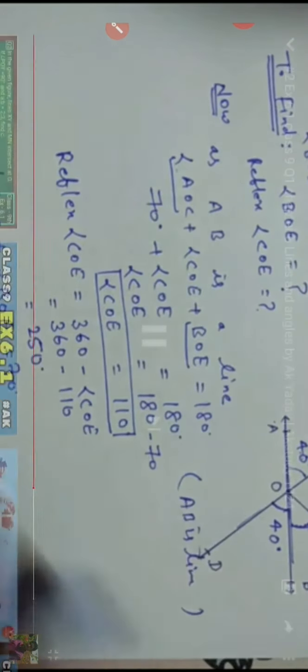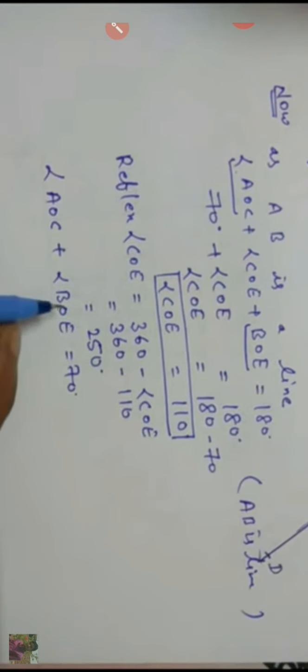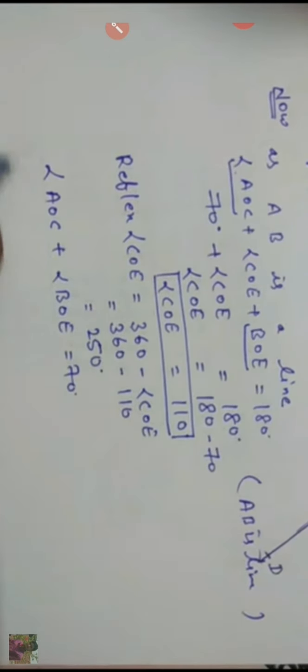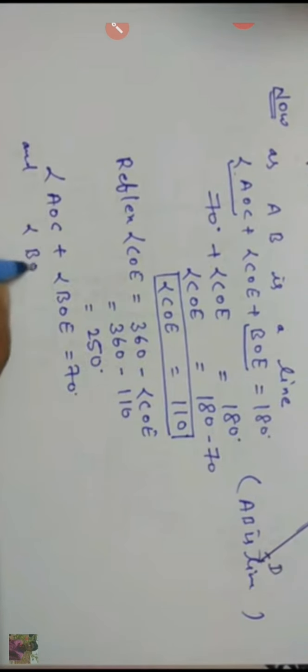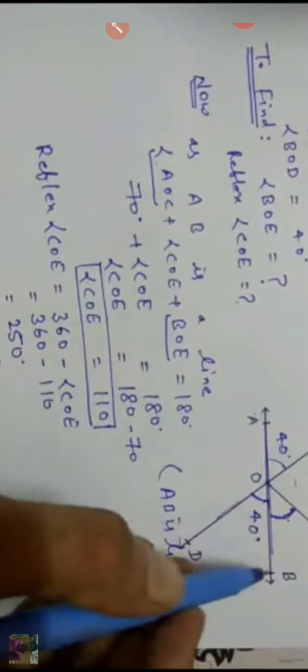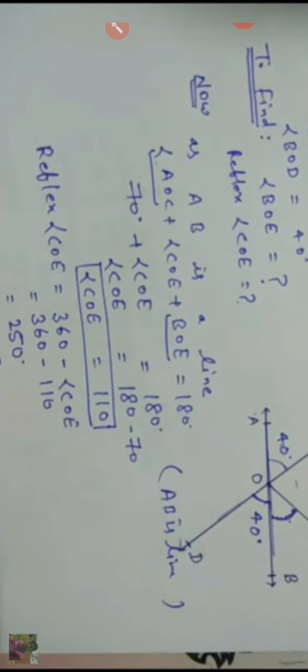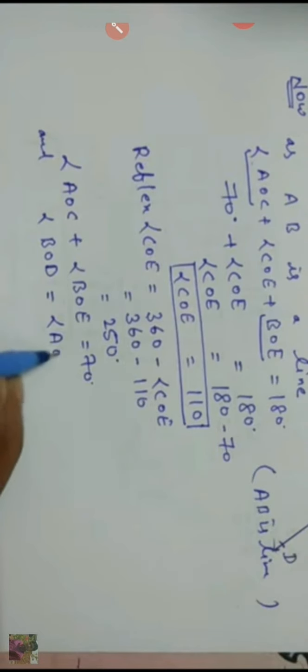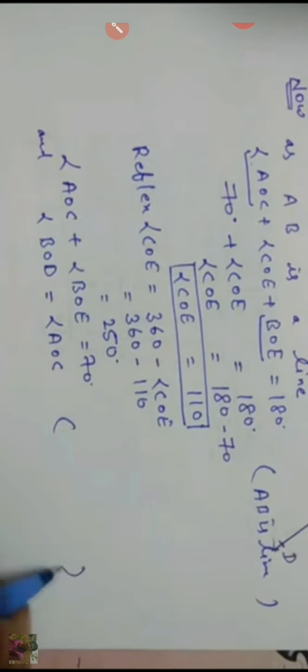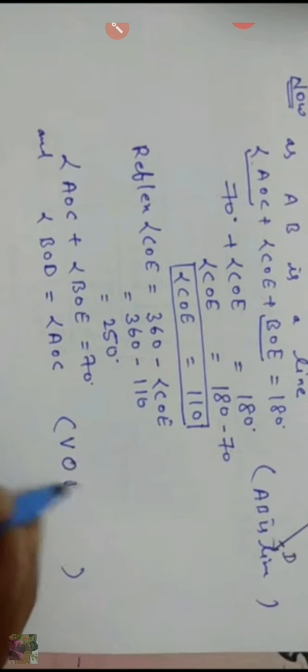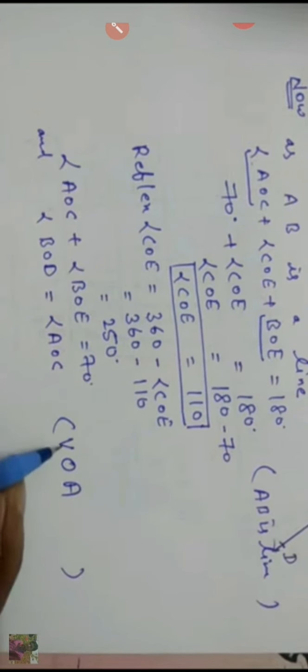If this is 40, then this is also 40. Okay, so AOC plus BOE is equal to 70, and AOC is equal to 40 because they are vertically opposite angles. BOD is given, BOD is 40, and AOC is equal to it because they are vertically opposite angles. Okay, understand?